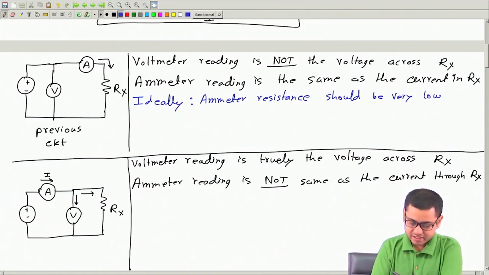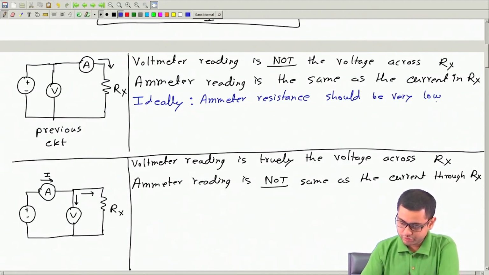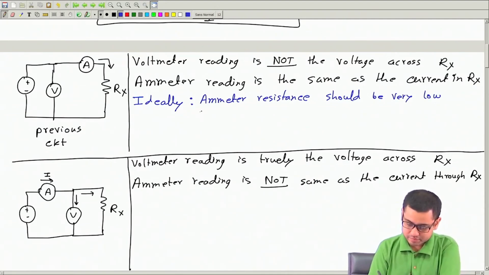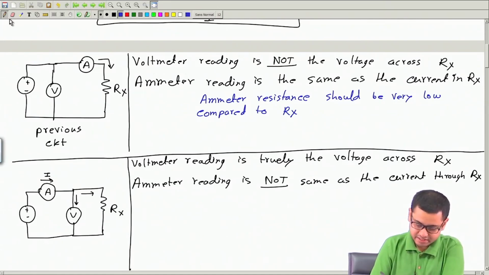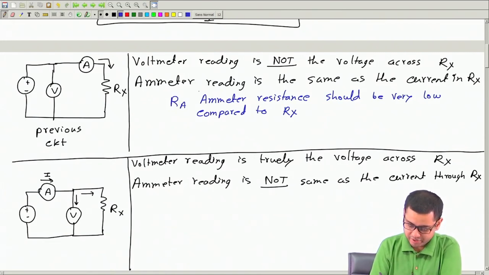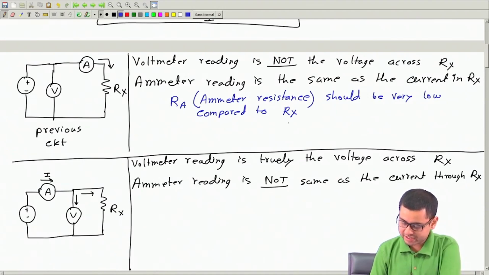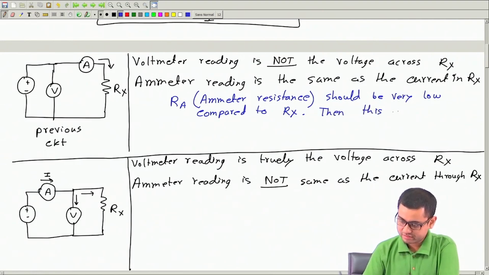Then this voltmeter reading is fine, so it is measuring almost the same voltage as Rx. So ammeter resistance, which I write as Ra, A for ammeter, should be very low compared to Rx, and then this method is okay.